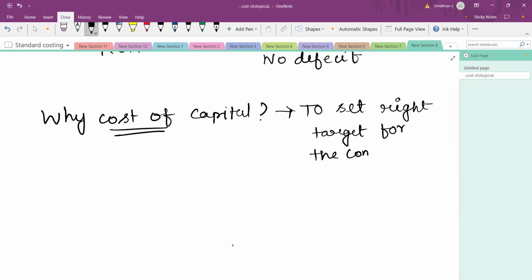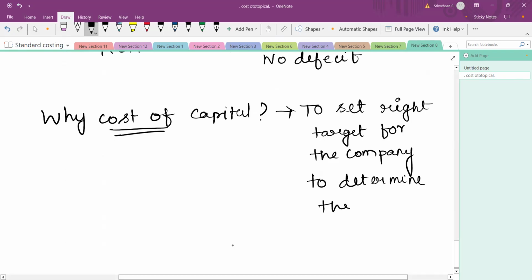To set the right target for the company. To what? I mean, we have to set the right target, but for what? It is to set the right target for the company to determine the return on asset, right?